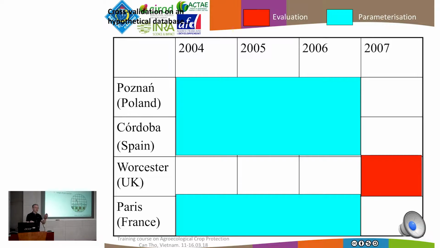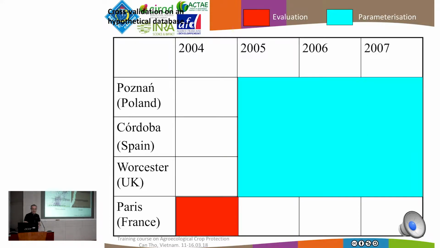For example, if it is in the middle of residues of banana crop, it will not be able to perceive the environment as if it is on bare soil. Okay, this is an example of how we compare our model with observation. So we were able to represent quite nicely the dynamic of the pest.